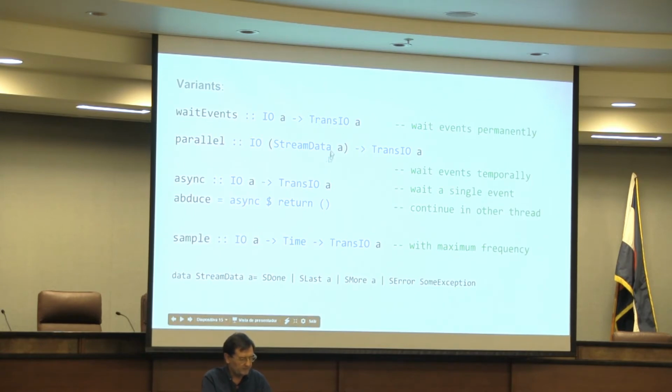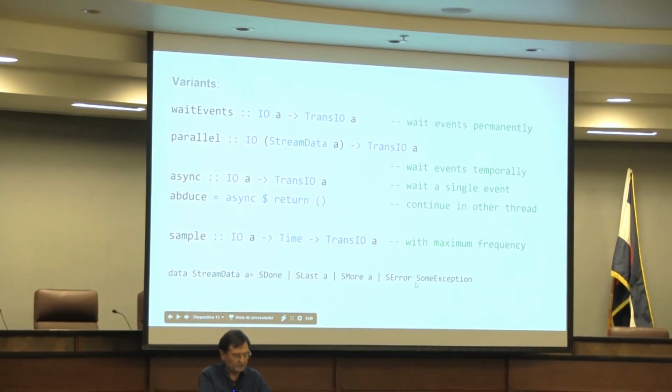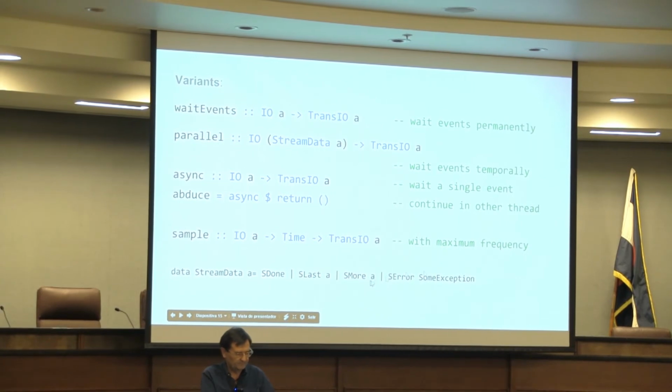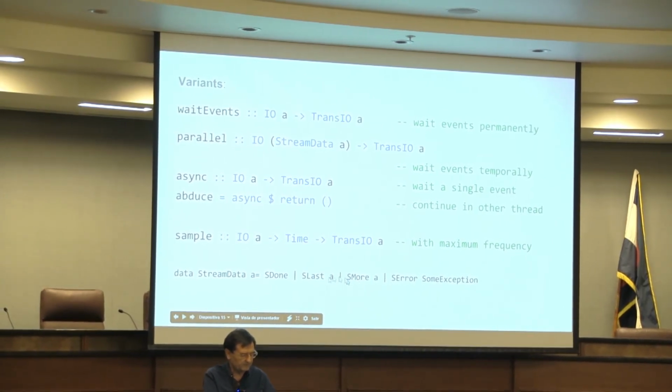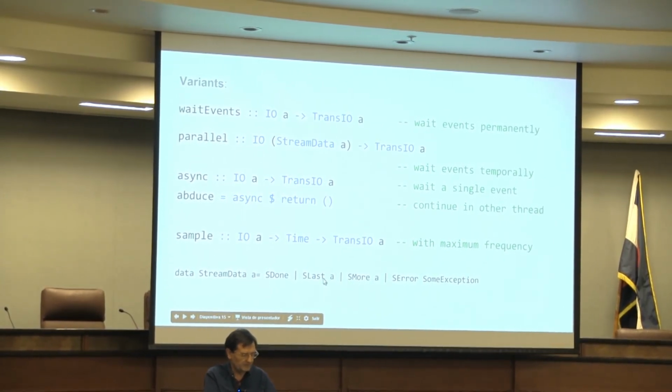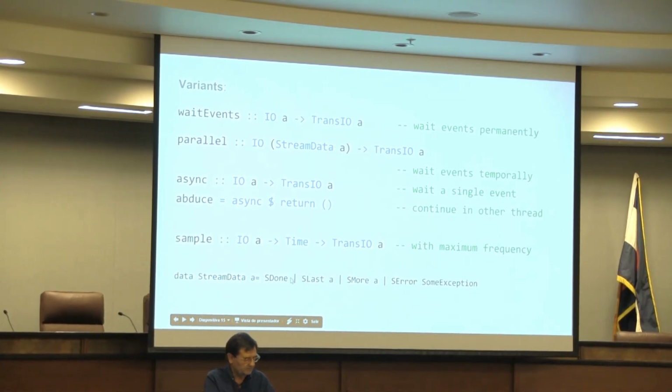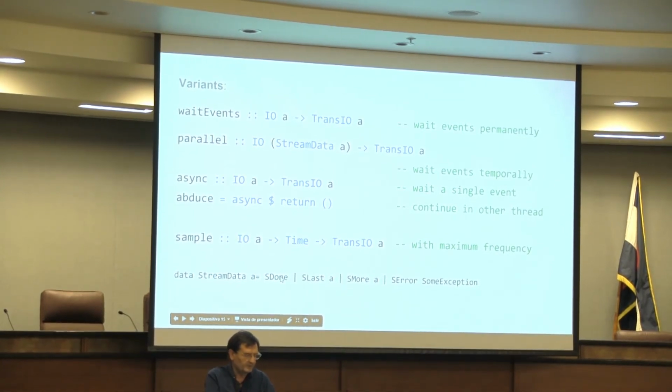Parallel has some data definition that allows stopping by an error or by an indication that there is the last data or no more data. Async does the asynchronous operation just one time. Sample is for non-blocking I/O. It performs a kind of polling.